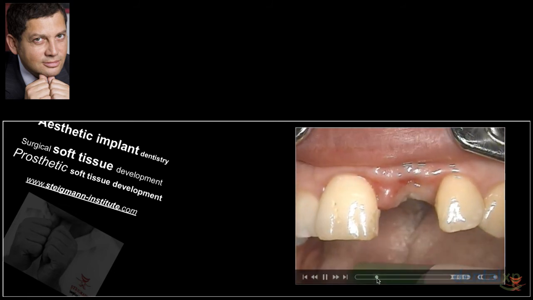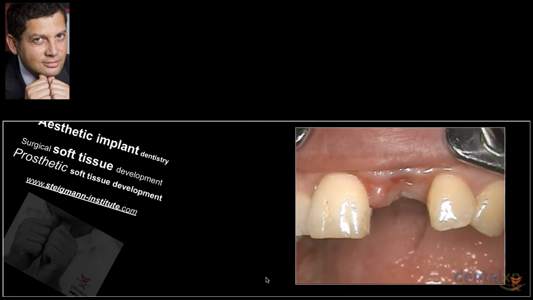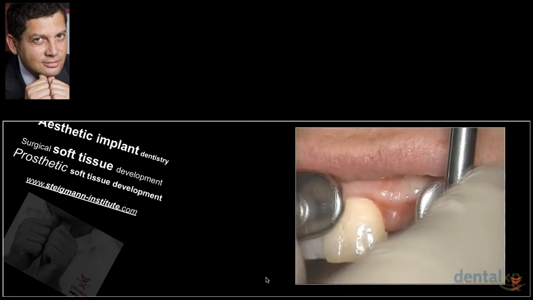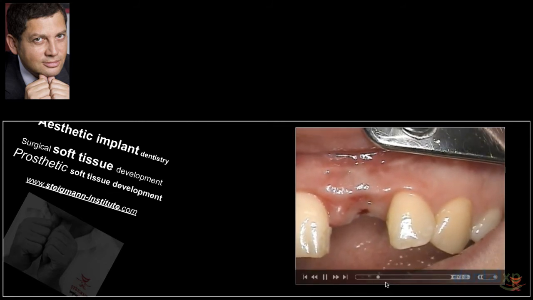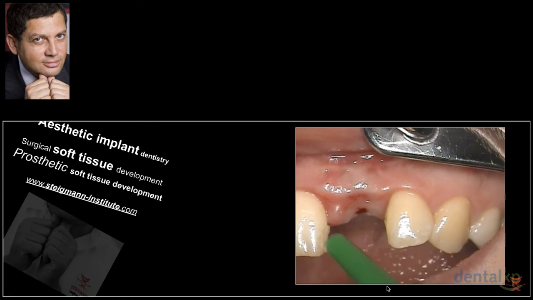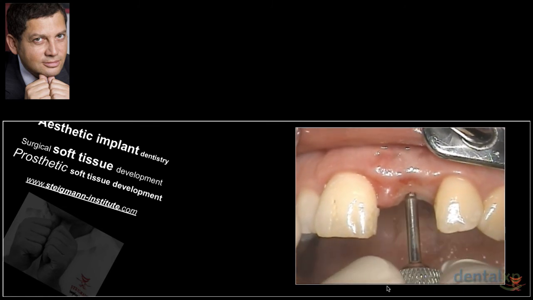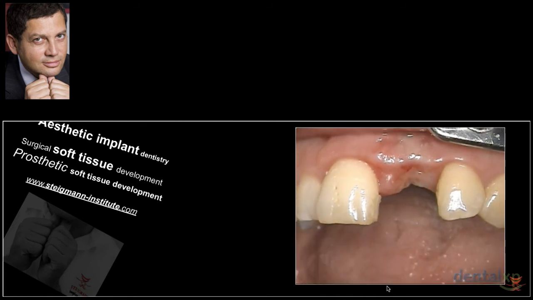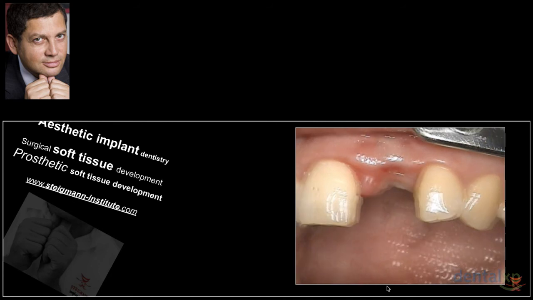So first we're going to locate this implant position by using a probe, which will search for the position of the cover screw. After we locate the implant position, we try to remove the cover screw. This will take 2-3 turns.